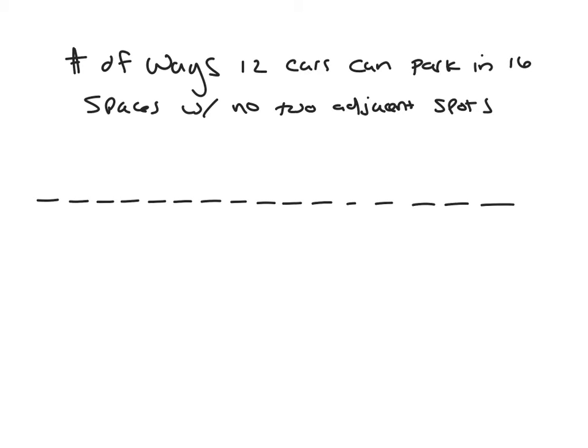So the last two spaces could be situated like this, such that there's a car in a space, right? And so I'm going to call that case 1.